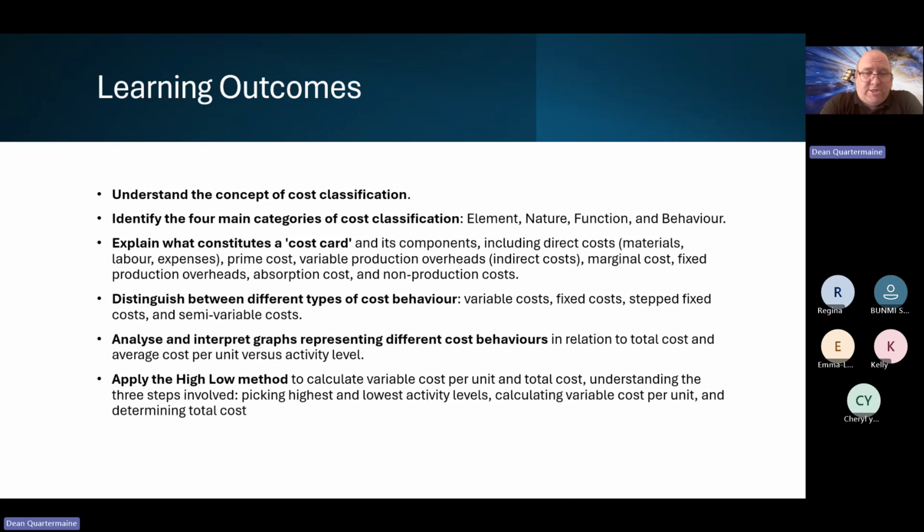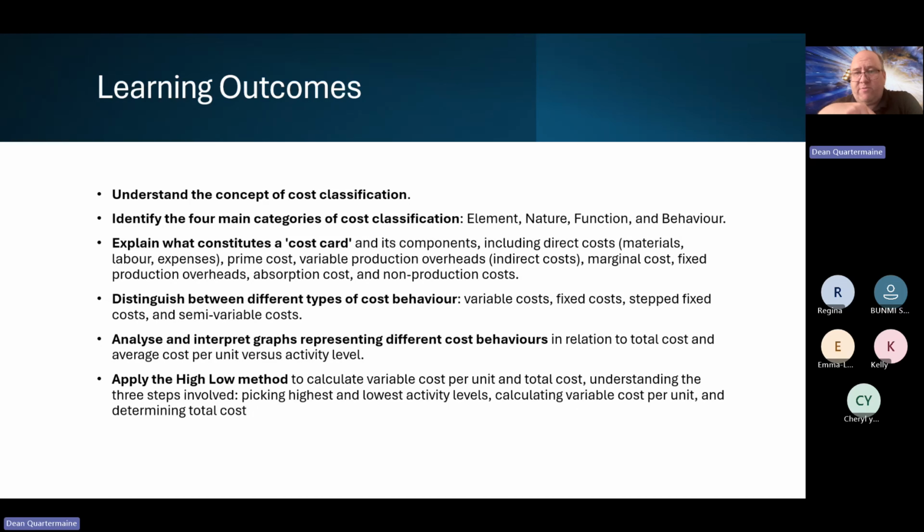Then we're going to try to distinguish between different types of cost behaviour. So this whole concept of variable cost, fixed cost, stepped fixed cost, and semi-variable cost. We're going to look at that in quite a bit of detail, and I've got some nice graphs I'm going to show you that hopefully explain it.